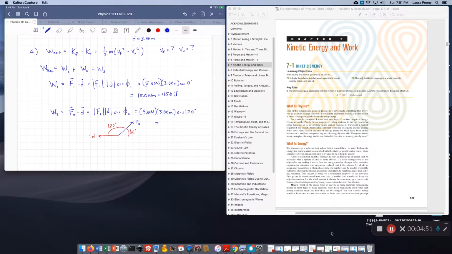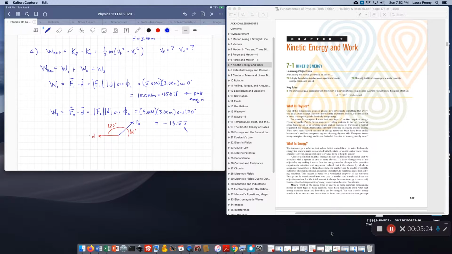So if we do that in our calculators, 9 times 3 times the cosine of 120, I get a negative 13.5 in Newton times a meter, or joules. And it's negative. And that would mean that it's taking energy out. So the first force puts energy into the trunk.